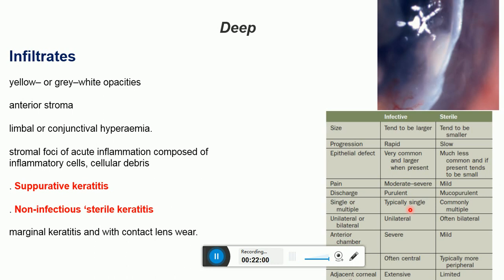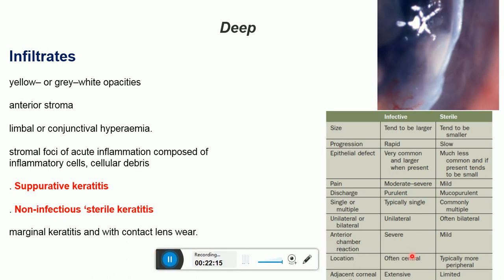They are typically single, while the sterile are multiple, and it is unilateral. In the infective there is a severe anterior chamber reaction, and the location is often central, and the adjacent corneal reaction is extensive.